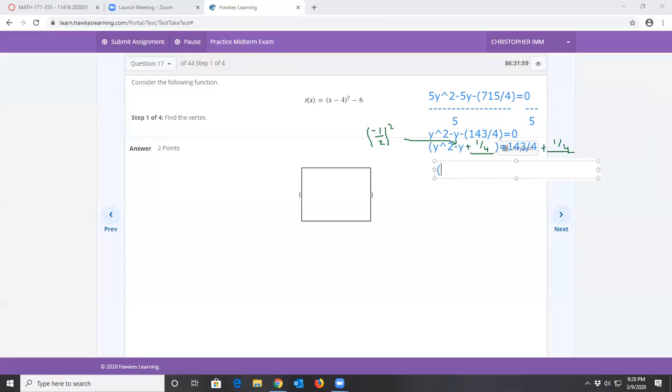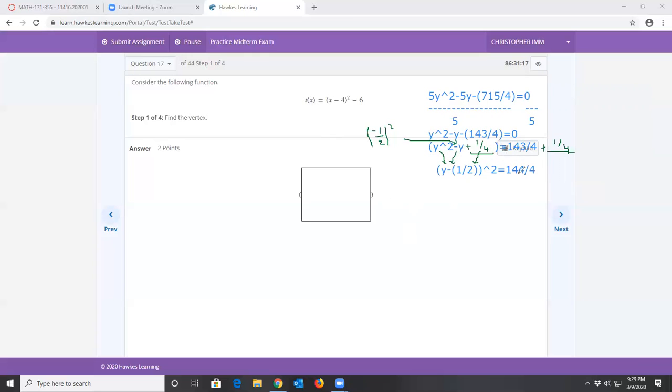So what we should have is y minus the square root of 1/4, which is 1/2, that quantity squared. So it should complete the square over there. And then on the right side, I have plus 143 over 4 plus 1/4. So that'd be 144 over 4. What should always happen is it's the square root of this term, the square root of this term, and then the sign in the middle squared.